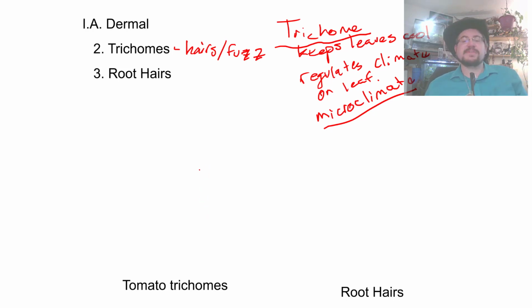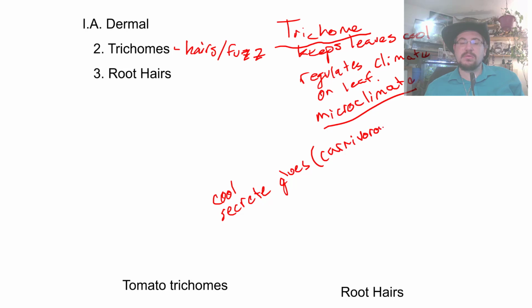They can also secrete glues in some of them. You find it a lot in certain carnivorous plants. So, that's pretty sweet.